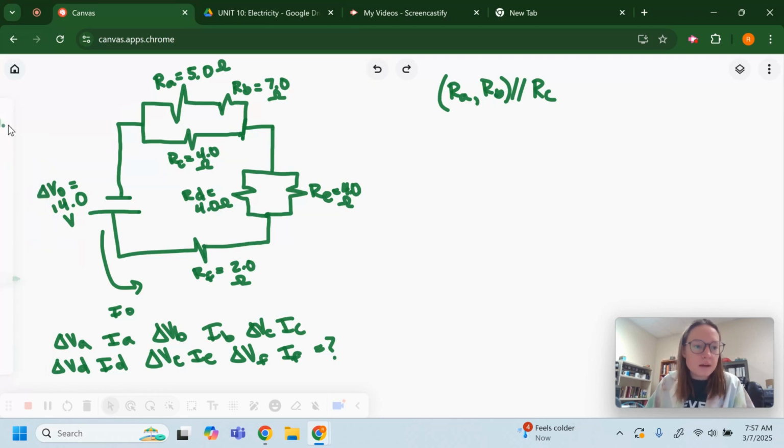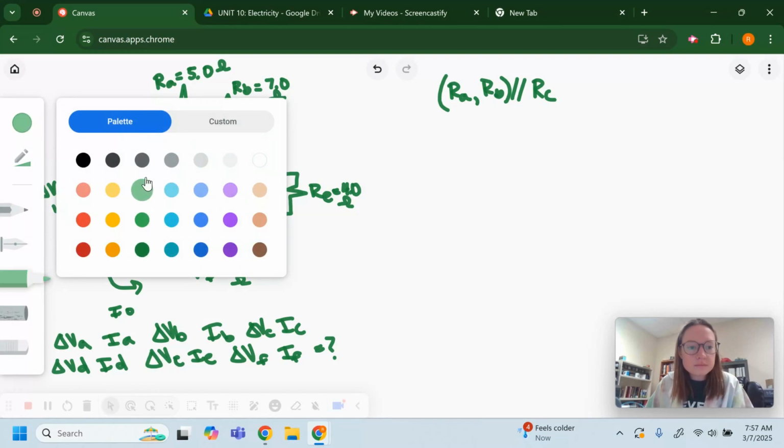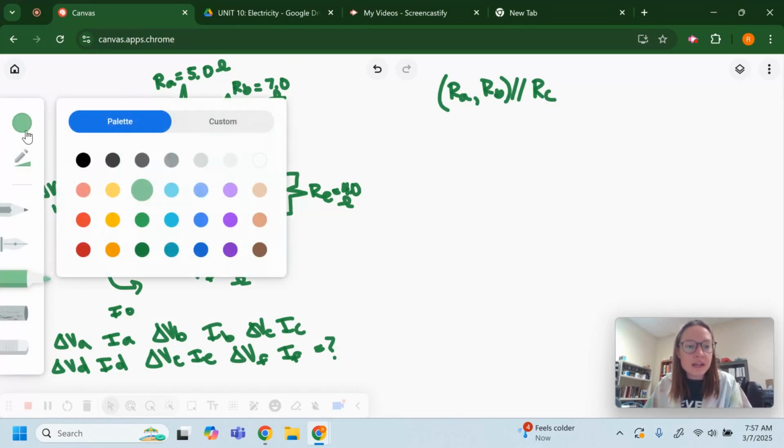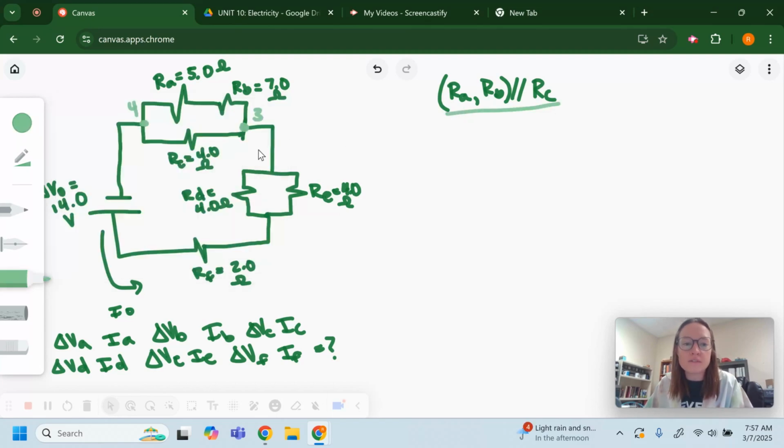Between 3 and 4, do you see that I have simplified down this whole expression? The path between 3 and 4 has now been simplified down into one little thing.